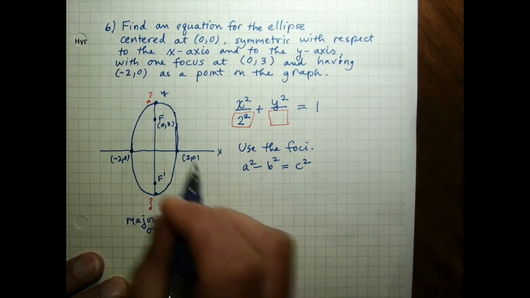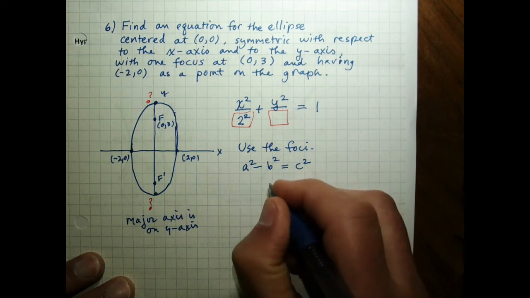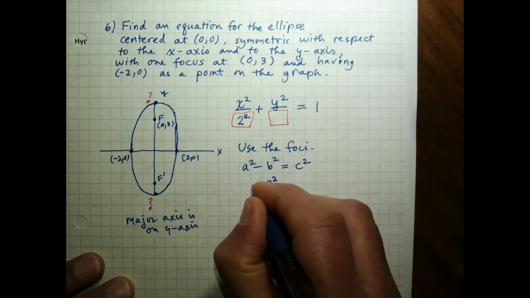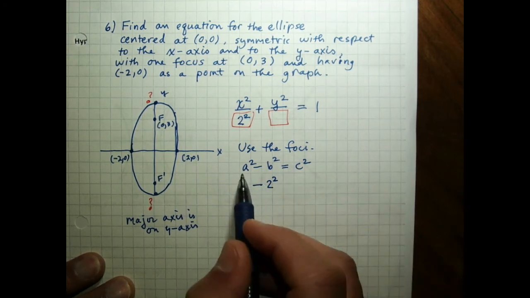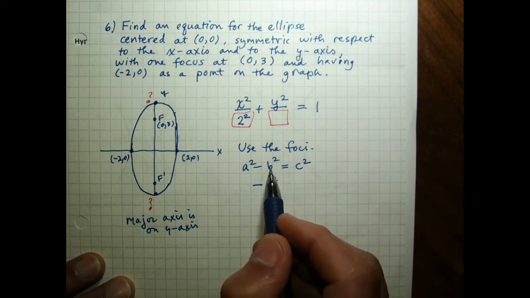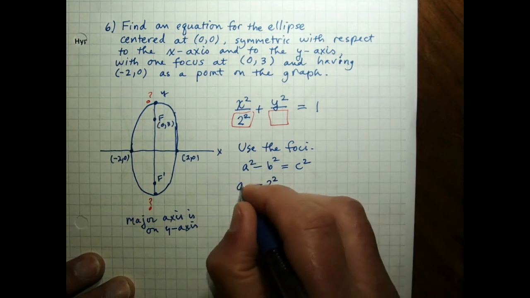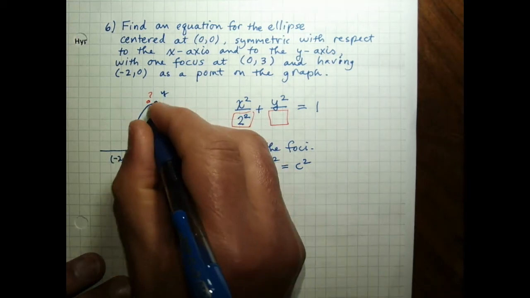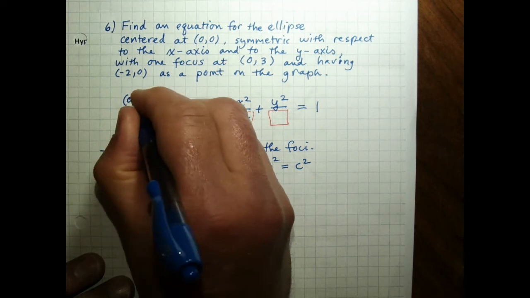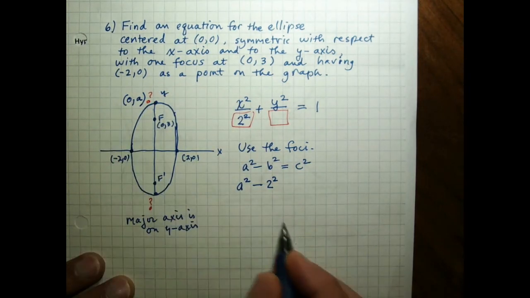The minor axis is along the x. That means the 2 squared is our b squared value. You know, the larger intercept number goes first, smaller intercept value goes second here. I just think larger, smaller. So a squared is actually our y, it is based on our y-intercept value. We can think of that as 0, a.